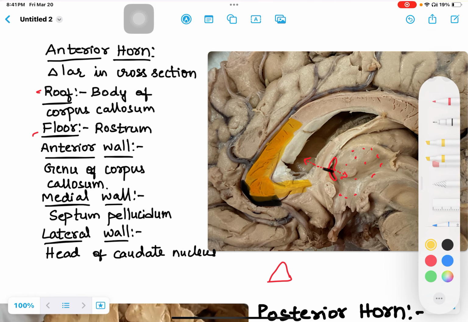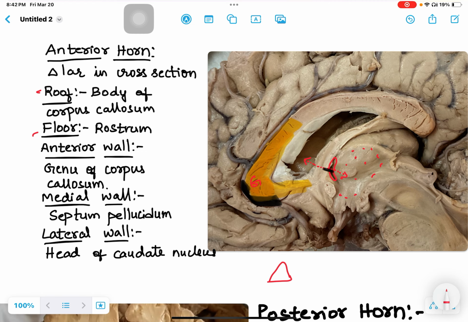So in the corpus callosum we have various parts. This is the genu of corpus callosum. This is the rostrum, which means the head. Genu means bend, so this is curved like this. This is the anterior part of the body.